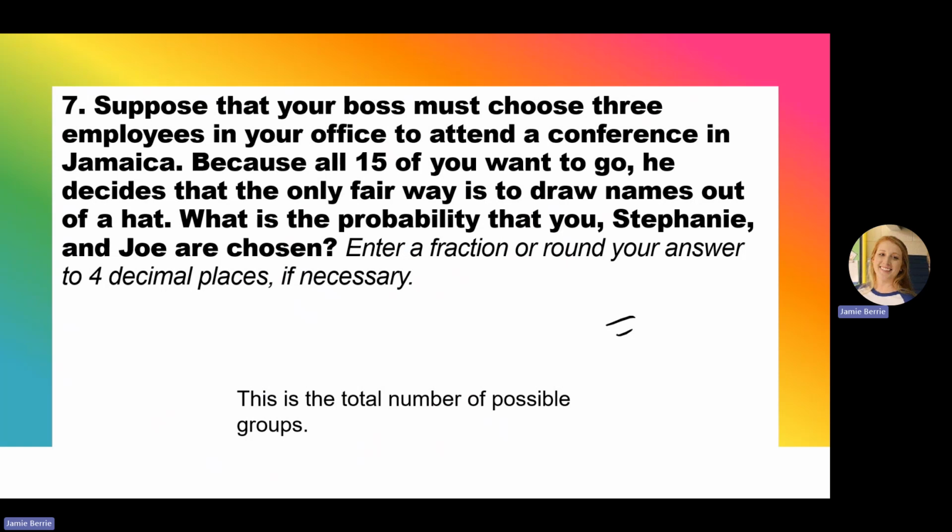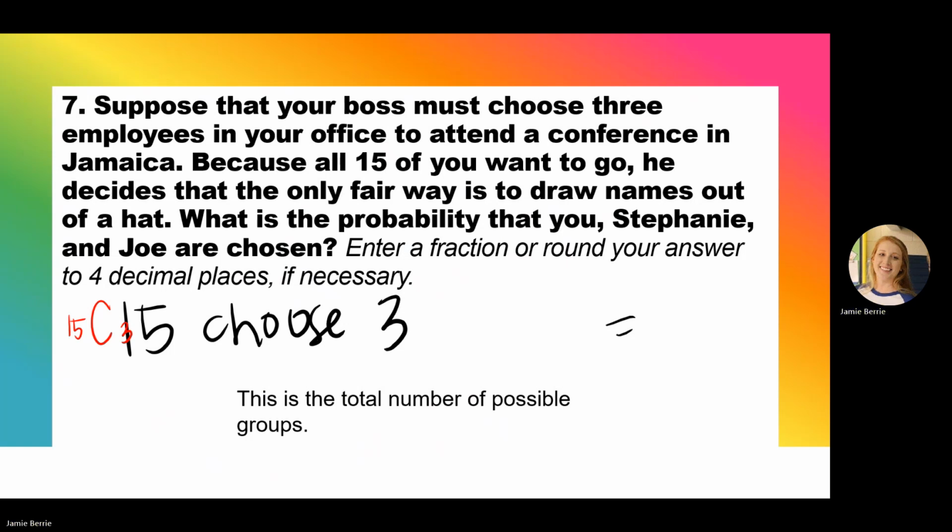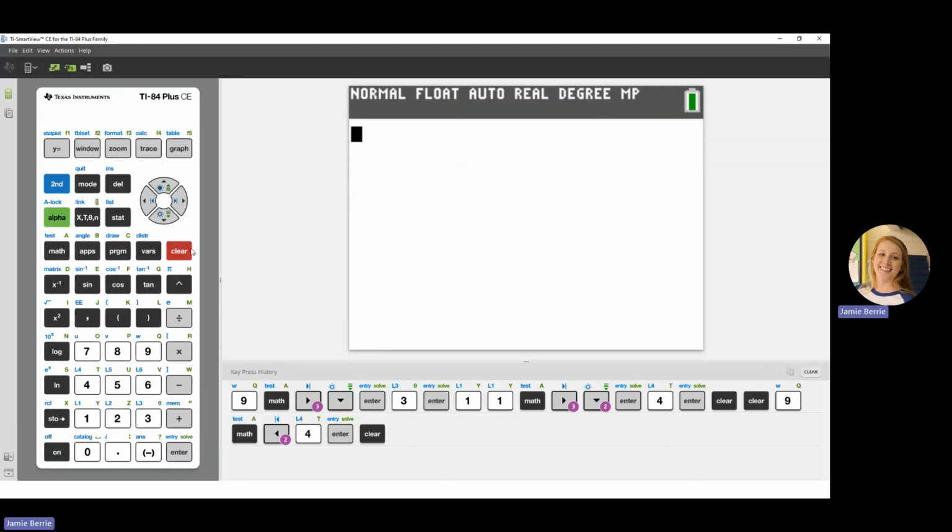All right, so now that we know that we're going to be using the n choose r function, we know that it's going to be 15 choose 3. 15 choose 3 is the same thing as 15 big C little 3. So let's type this in our calculator. I'm going to clear out my screen.